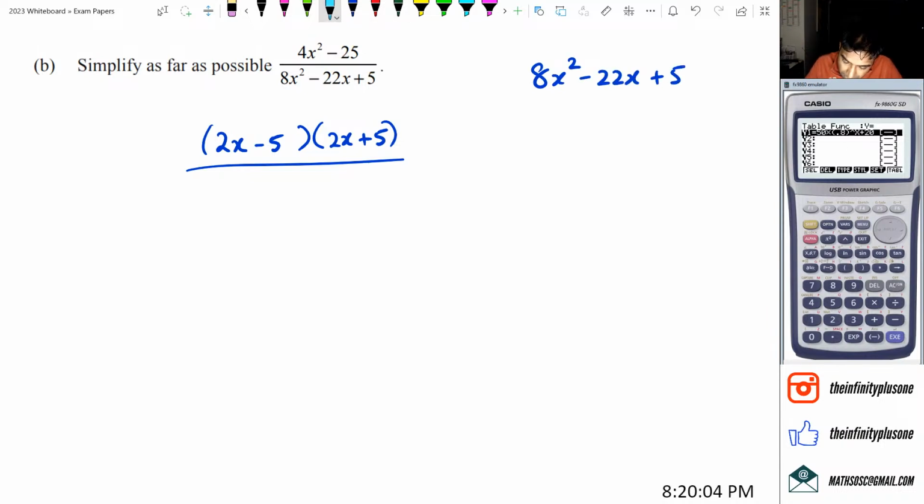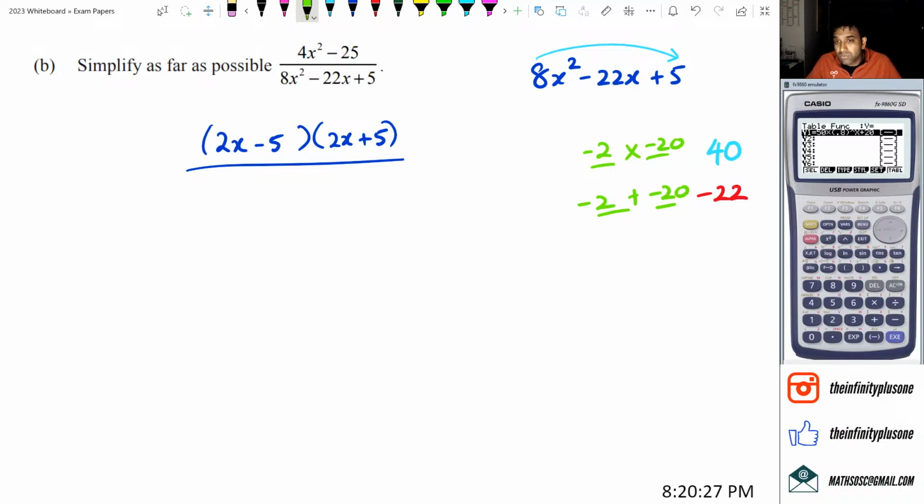The first step is I multiply 8 and 5 to get 40. And I'm looking for two numbers that multiply to positive 40 and add up to negative 22. In this case, it's negative 2 and negative 20, because negative 2 times negative 20 is 40, and negative 2 plus negative 20 is negative 22.